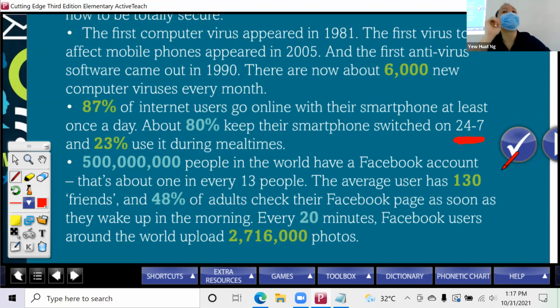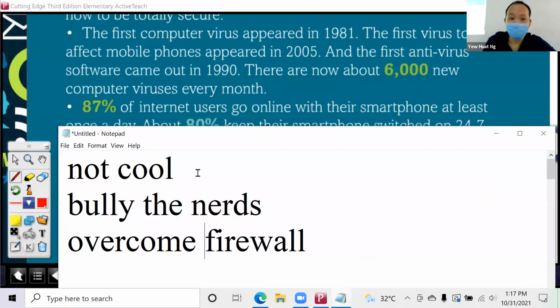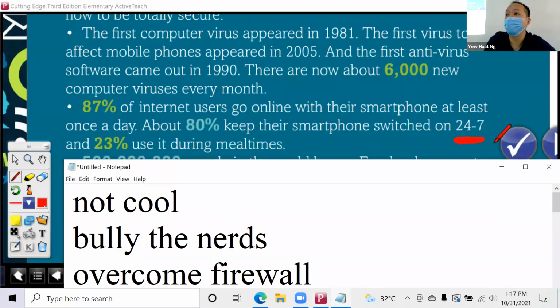But different. 7-Eleven is the name of the store. Yes, okay, sure. But we read this as 24/7. And what does it mean? What is 24? 24 hours, 7 days. So 80% keep their smartphone switched on 24/7. Yes, it's always on.